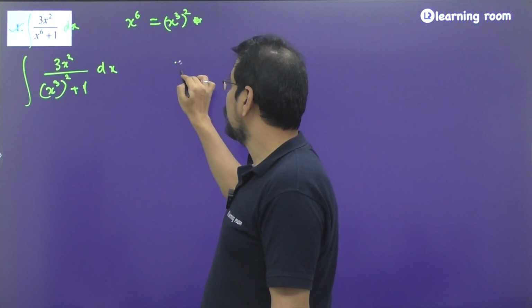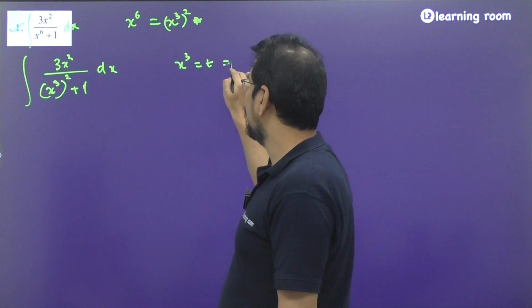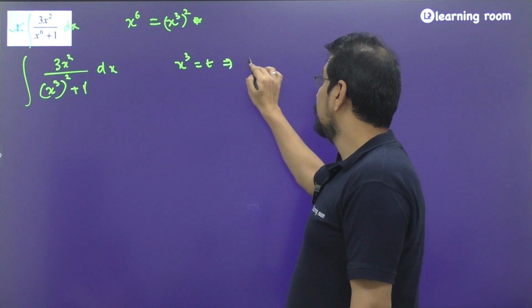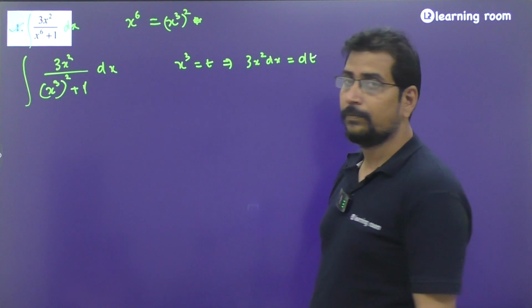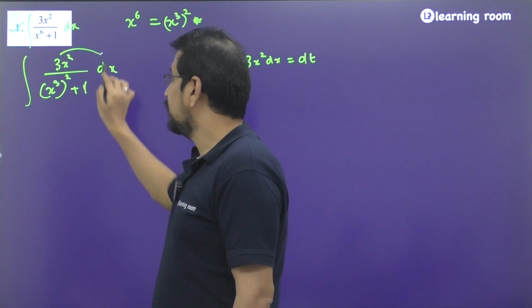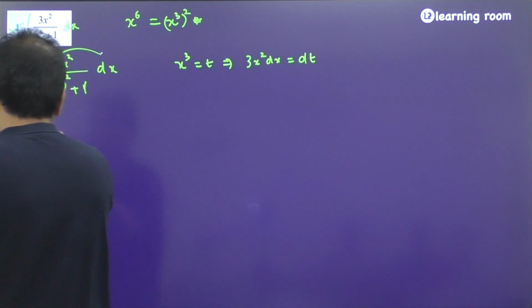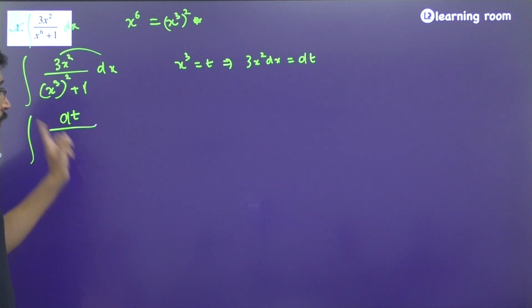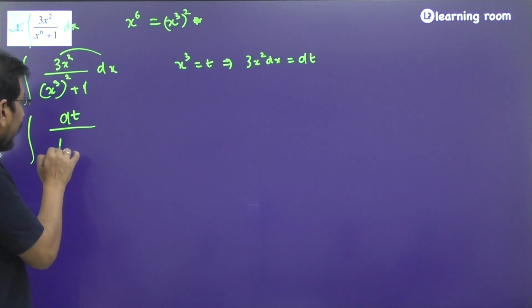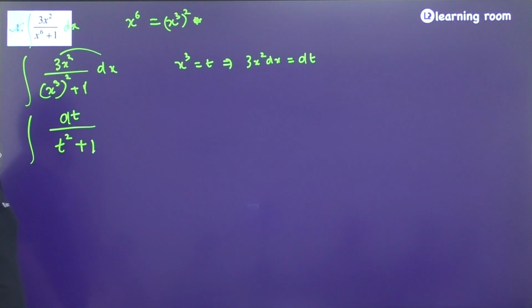Now I can substitute this x cube as t. That implies 3x square dx will be equal to dt. So the integral becomes dt divided by t square plus 1. So when it is t square plus 1, what is going to be the answer?